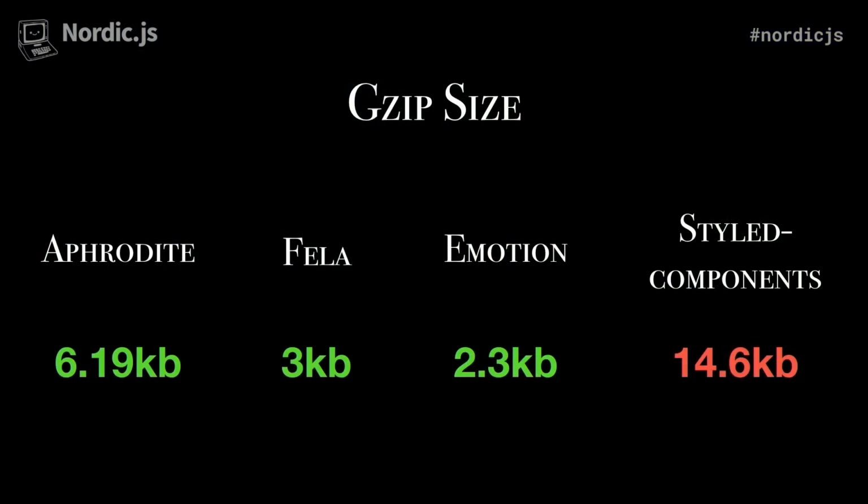So let's try to compare the sizes of our libraries. And as you can see from the very beginning, the styled components one is the biggest. But it's mostly because styled components comes with the polished library, which is a Lodash for CSS.